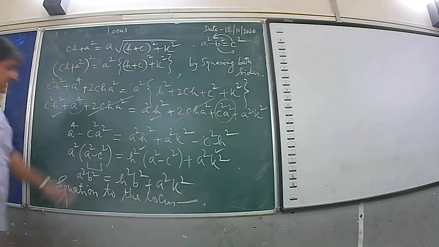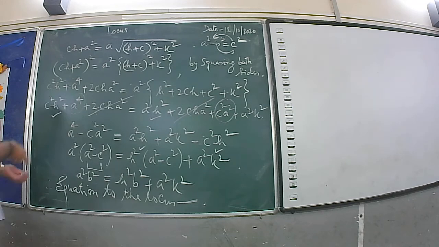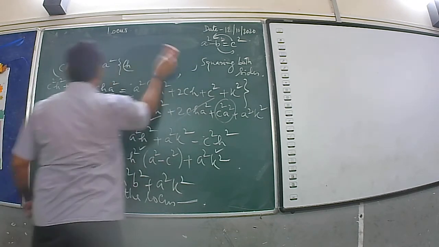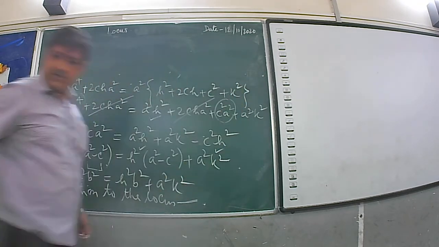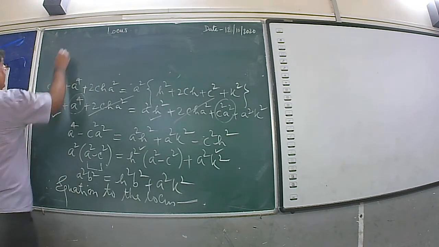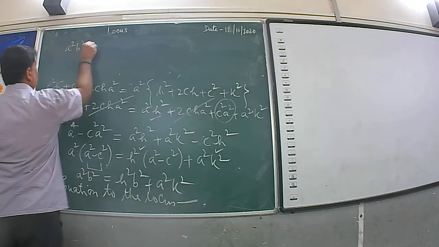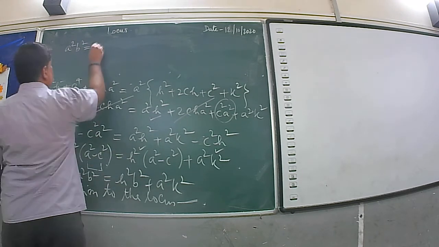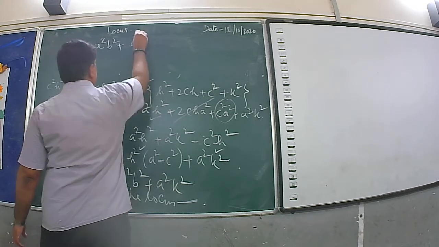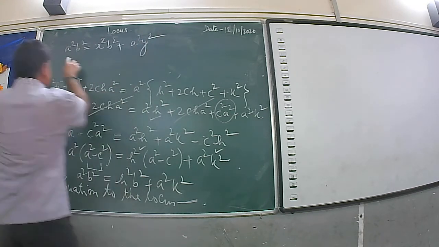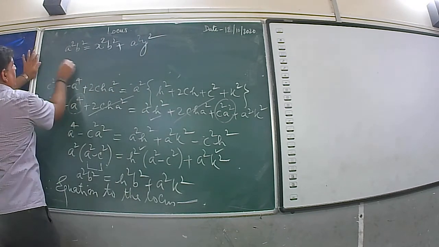What happens? In the place of H, you have to write X, and in the place of K, you have to write Y. So what happens? That is A square B square is equal to X square B square plus A square Y square. Now divide both sides by A square B square. So what happens?